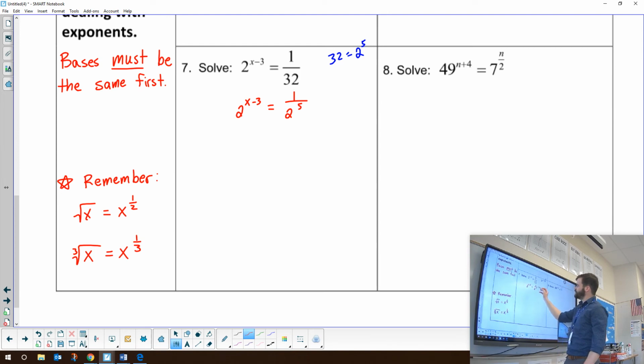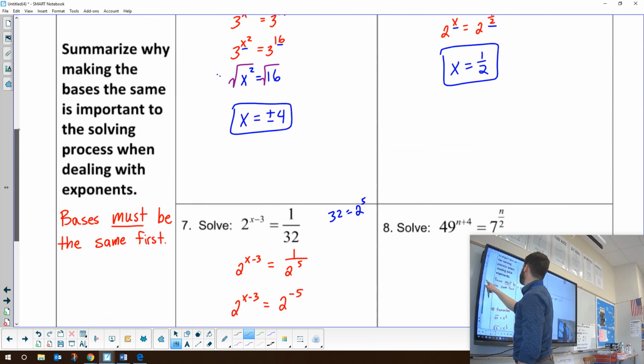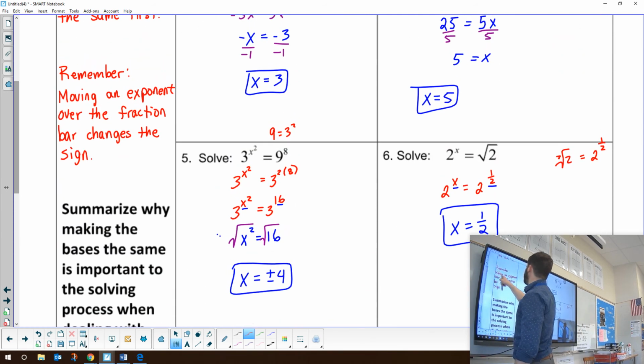And so we're almost the same. However, this is still a fraction, and I want it to just be my base and my exponent. So to get us backwards, we need to flip this fraction. Remember, to do that, we need a negative exponent. So we're going to change this to be 2 to the x minus 3 equals 2 to the negative 5. I have a little remember section up here. Remember, moving an exponent across the fraction bar changes the sign.